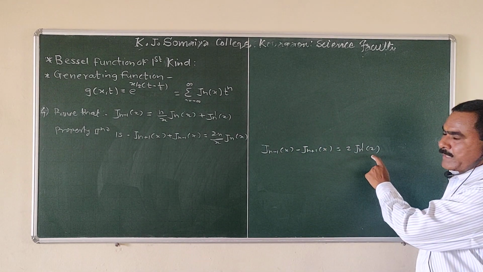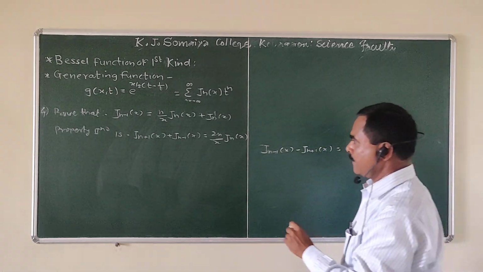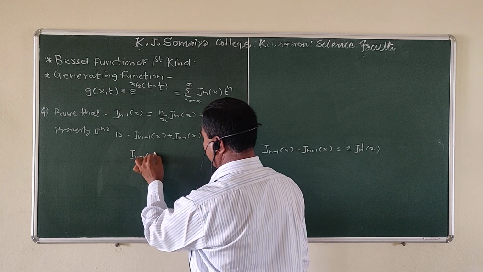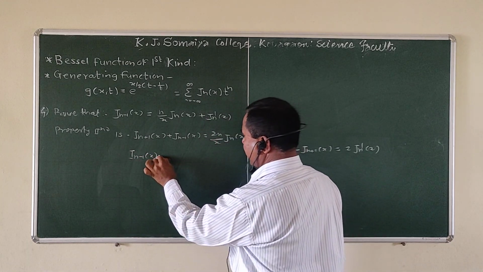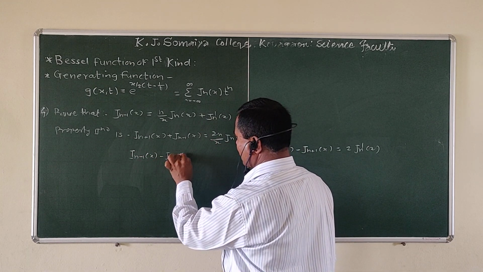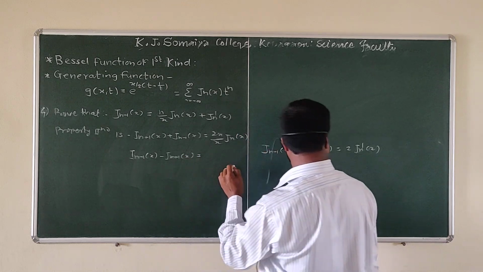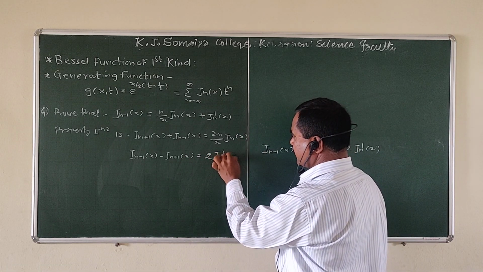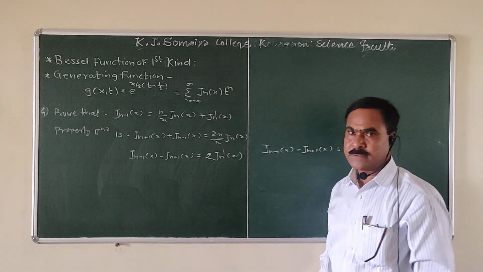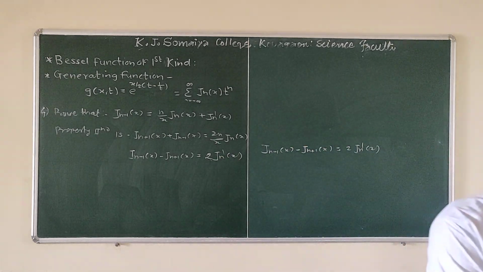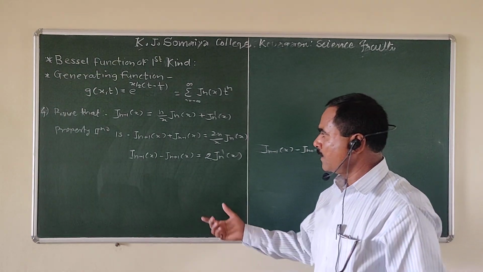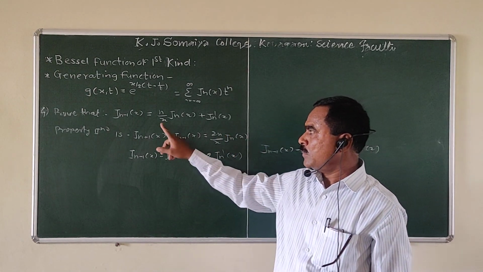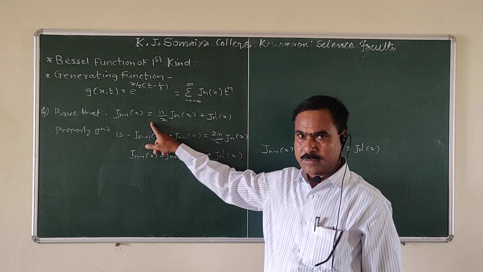Then the result of property third is J n minus 1 of x minus J n plus 1 of x equal to 2 times J n dash x. From these two properties we have to prove property 4.